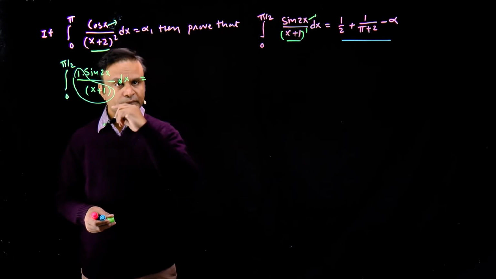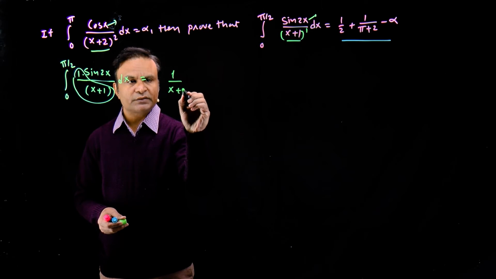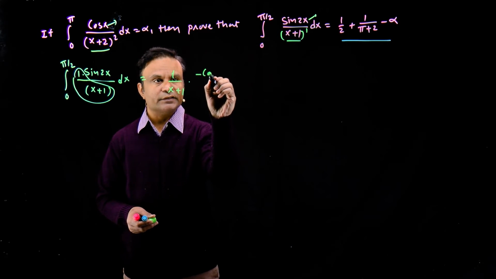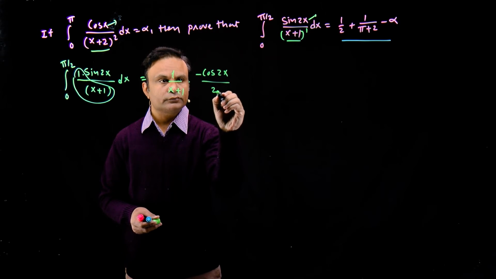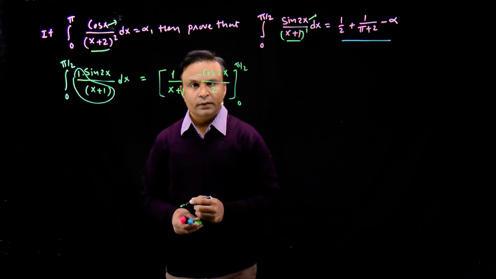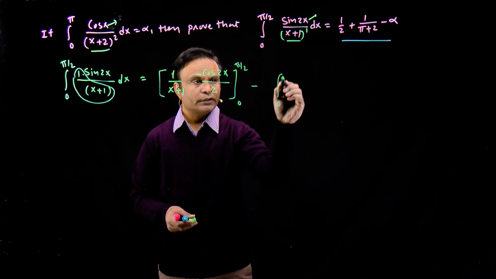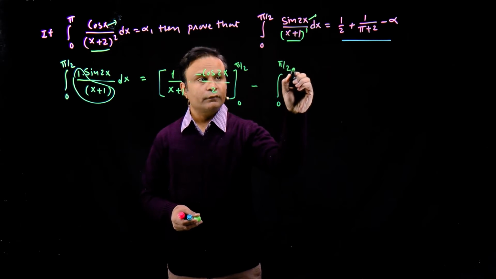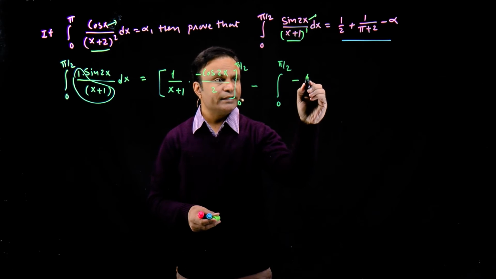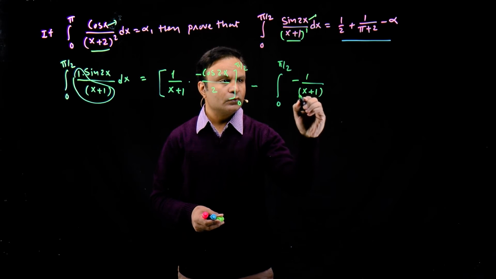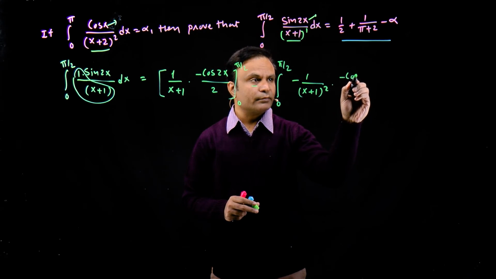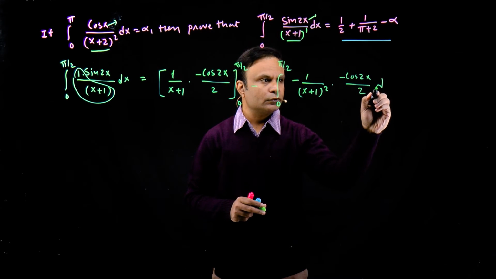So we have 1 upon x plus 1 multiplied by the integration of sin 2x, that is minus cos 2x upon 2, with limits 0 to pi by 2, minus the integration of the derivative of 1 upon x plus 1, which is minus 1 upon (x plus 1) whole square, multiplied by the integration of sin 2x again, minus cos 2x upon 2.